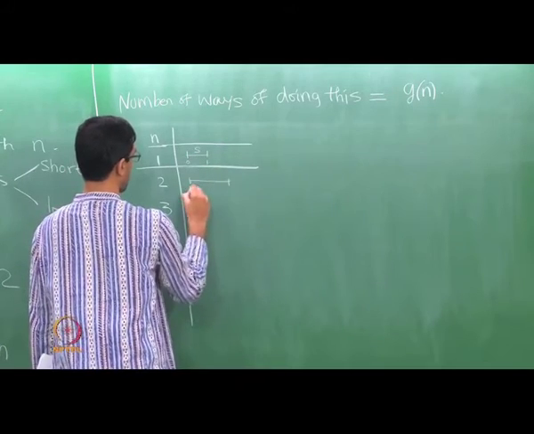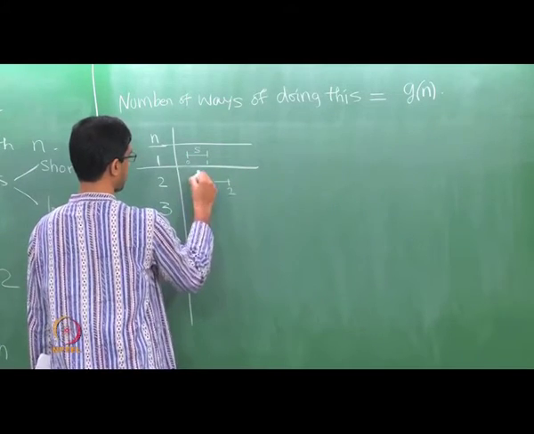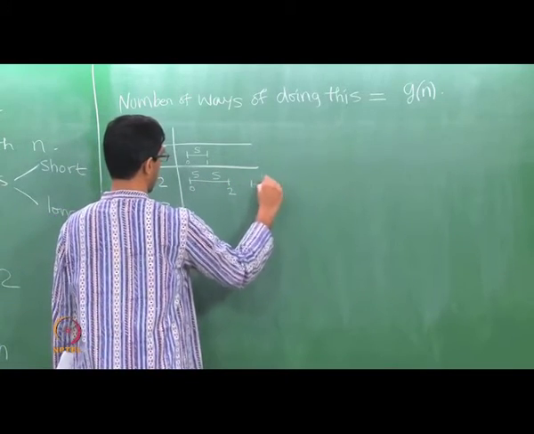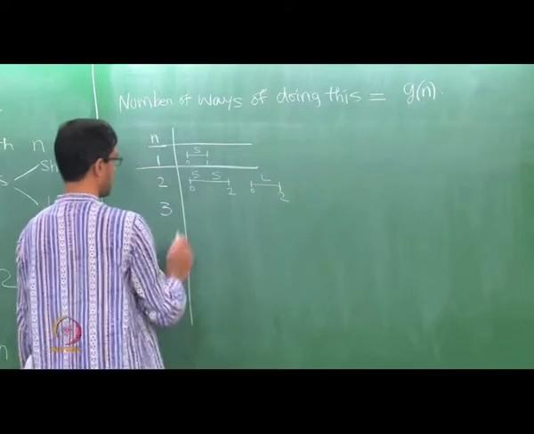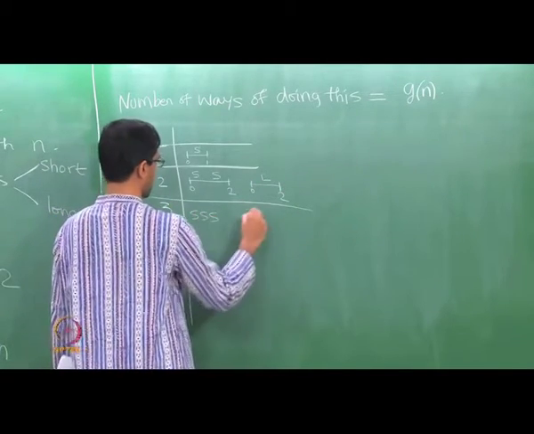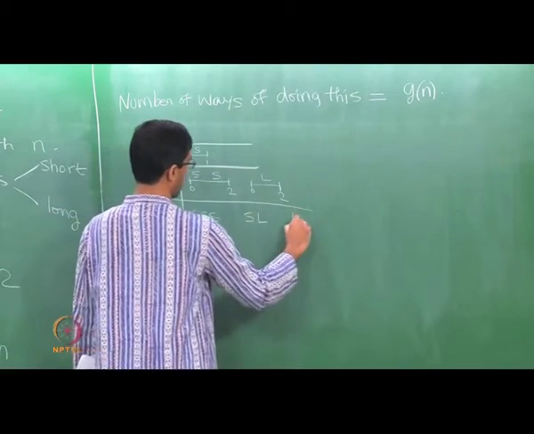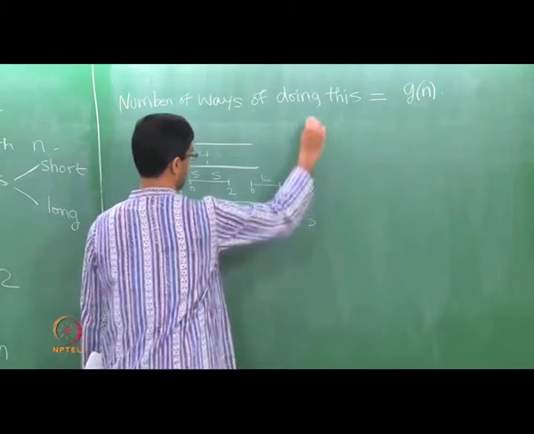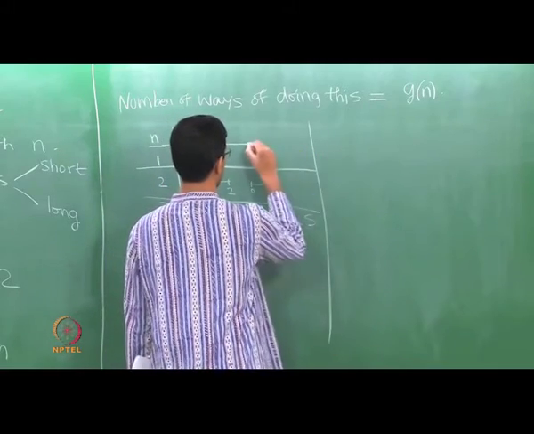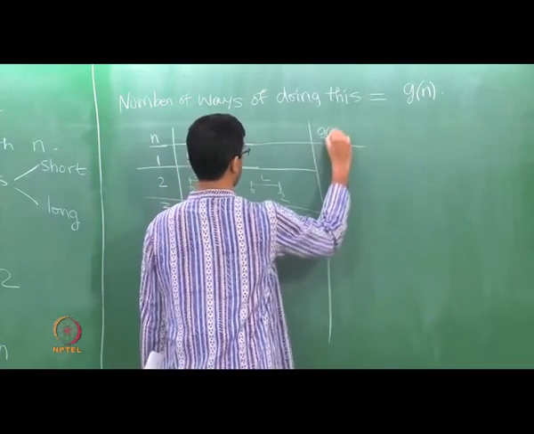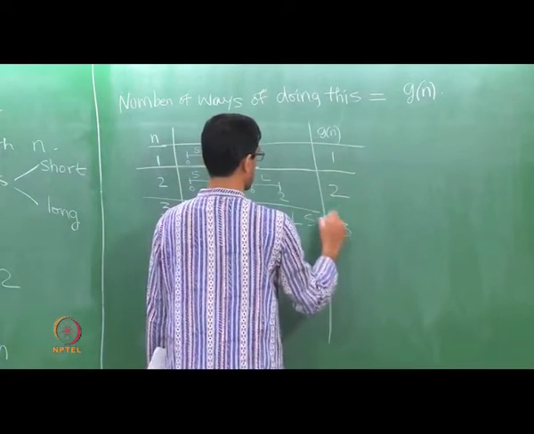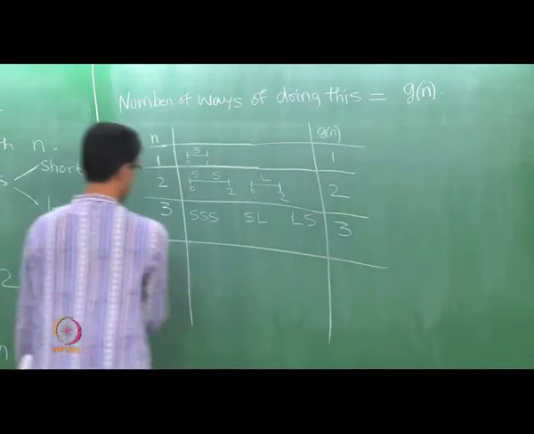If n is 2, you have an interval of length 2, which you can either fill with 2 short blocks or with a single long block. Similarly, if n is 3, you can either have 3 short blocks or a short block followed by a long block or a long block followed by a short block. Okay, so, well, what are these numbers? The total number g of n, in this case 1, in this case 2, in this case it's 3, and so on.